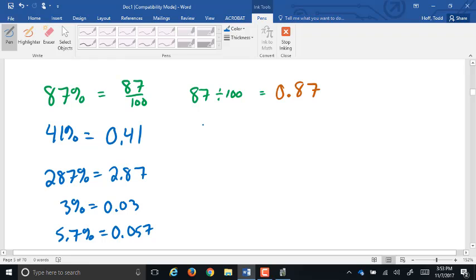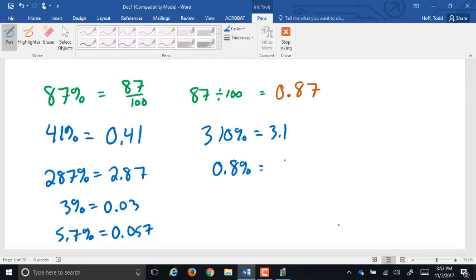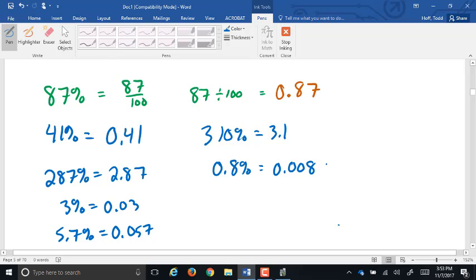Good. 310%. 3.1 or 3.10, either one is acceptable. 0.8%. Good, 0.008.